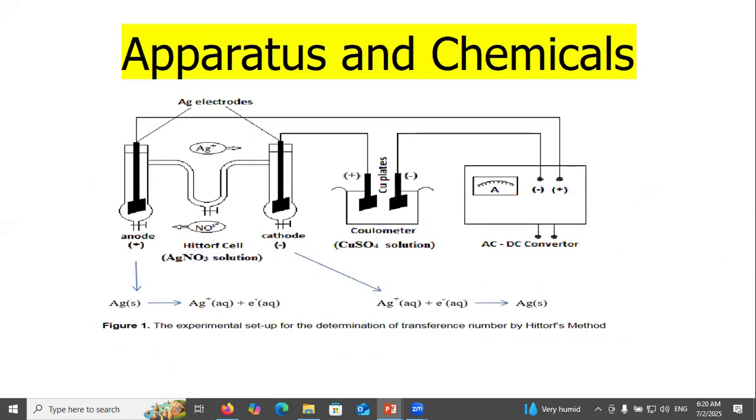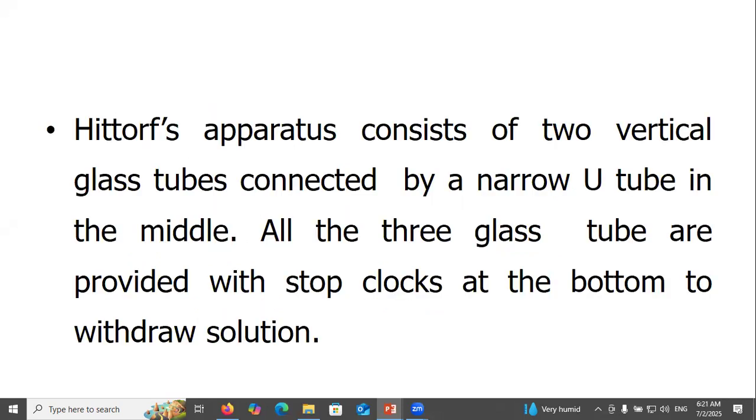Apparatus and chemicals: anode and cathode, U-tube, silver electrodes, voltmeter, and the AC-DC converter. Hittorf's apparatus consists of two vertical glass tubes connected by a narrow U-tube in the middle.